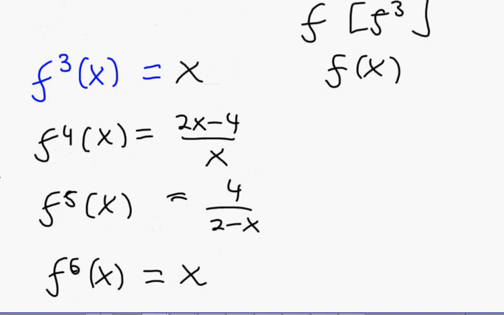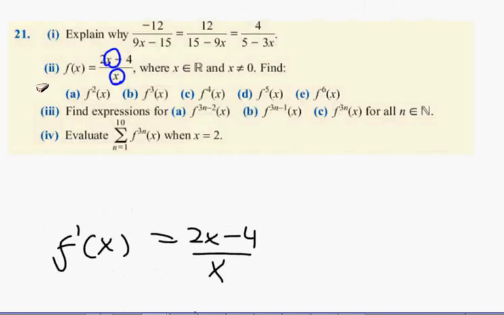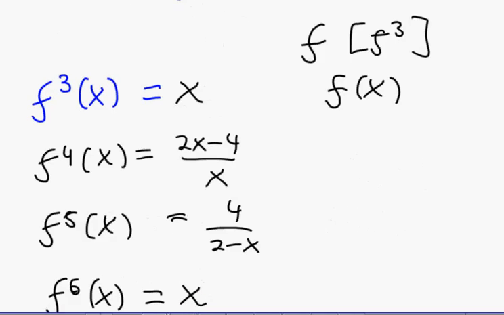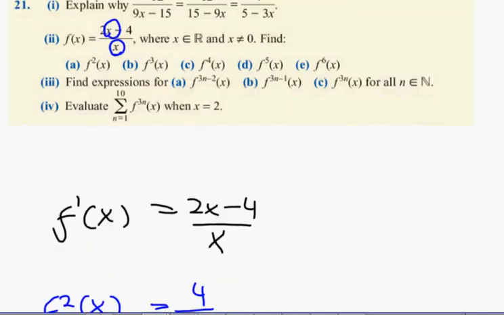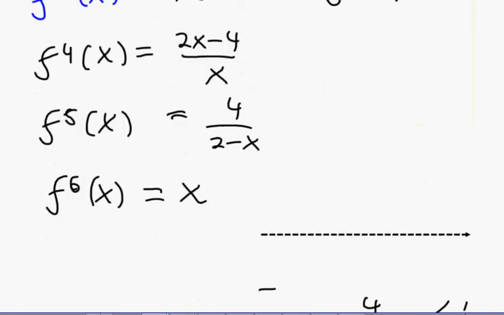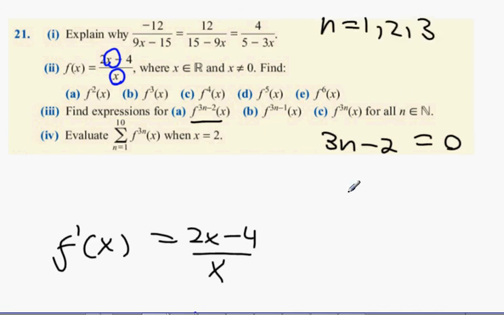So what can we say F5 is? F5 is 4 minus 4 over 2 minus X. What's F6? Back to X. And then finally, this one here. 3n minus 2. What is 3n minus 2? Remember, n equals 1, 2, or 3. What numbers do 3n minus 2 represent?